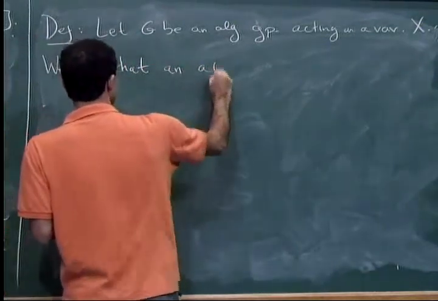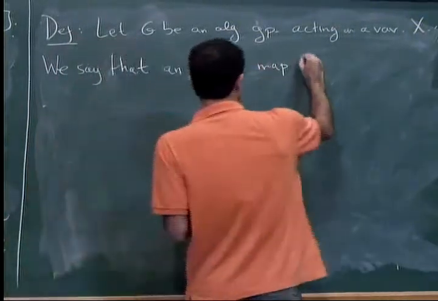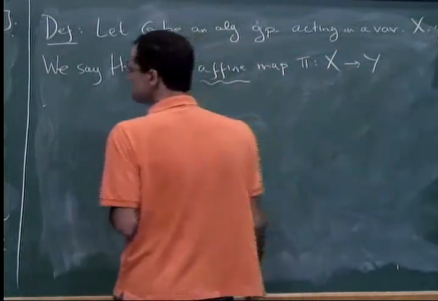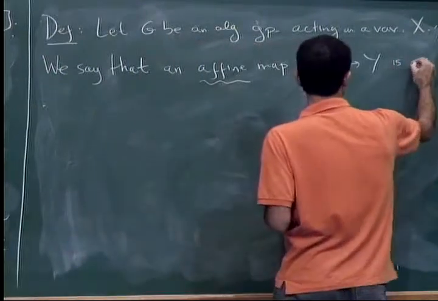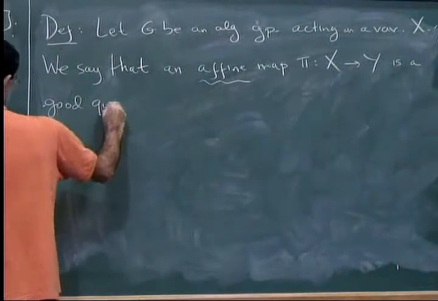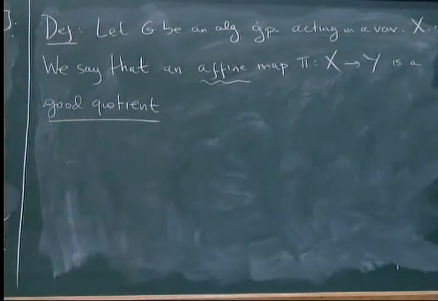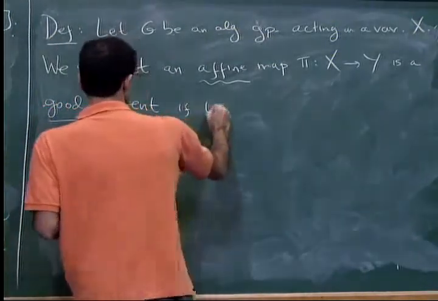We say that an affine map pi, and let me emphasize here affine, is a good quotient if these 5 properties are verified.